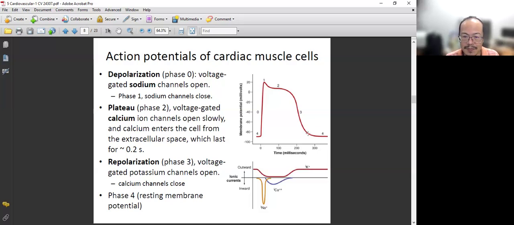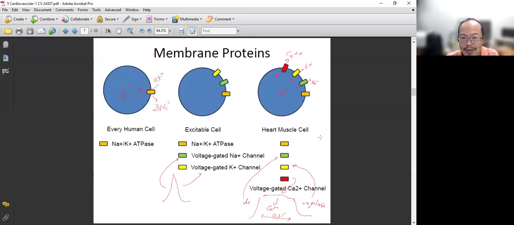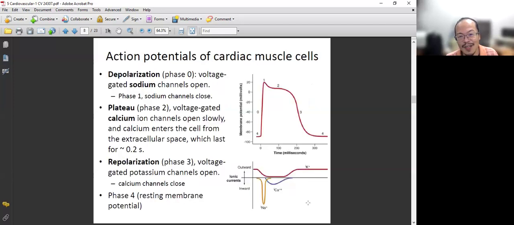Then the voltage-gated potassium channel will close. With this, you will have just the normal sodium potassium pump, keep pumping potassium in and sodium out, to maintain a negative resting membrane potential. And so this is the action potential of the heart.